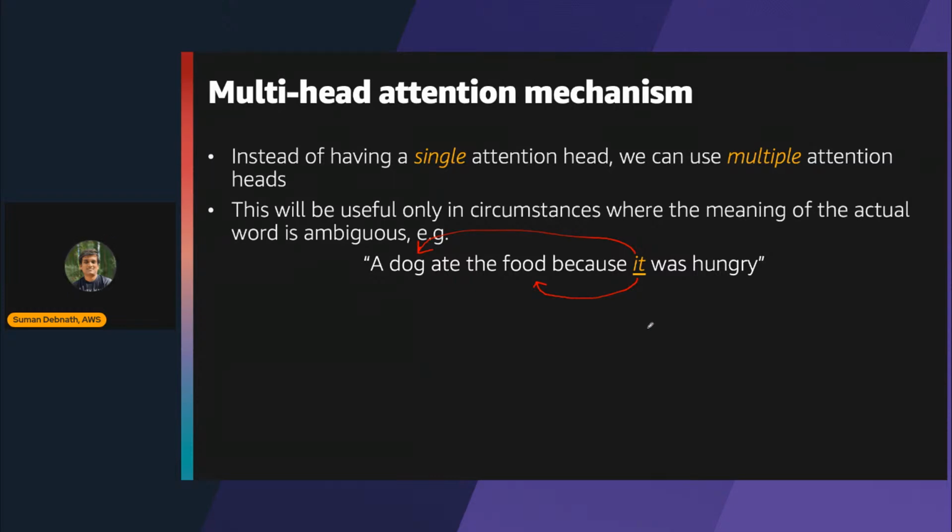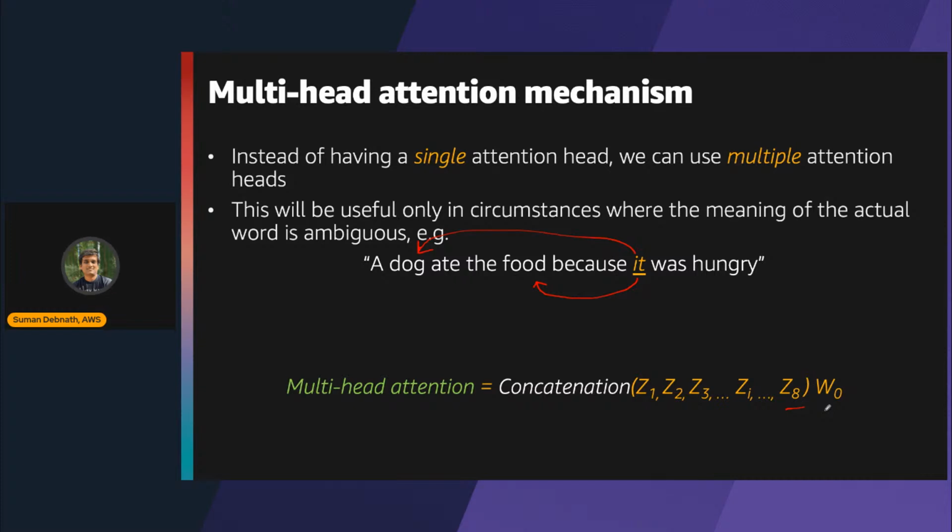We understand because we know English, but the computer may not understand that. And that is where we don't create only a single attention matrix Z. We create multiple attention matrices like Z1, Z2, Z3, and so on. In this example, we have 8 matrices.